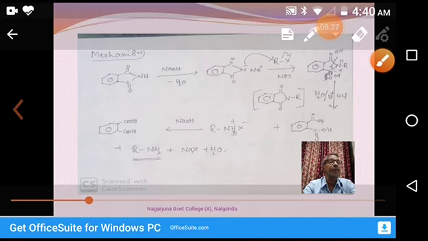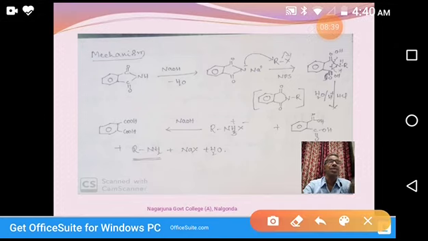I repeat once again. You see, first this is phthalimide. It loses one proton to the base, forming the N minus ion of phthalimide. This acts as a strong nucleophile which substitutes the halide in the alkyl halide.